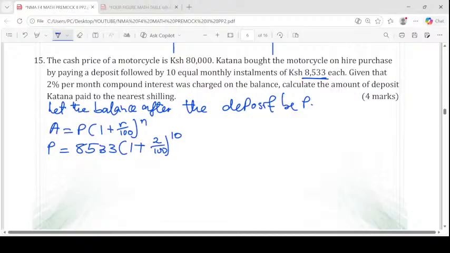So this will now become that our P will be equivalent to 1 plus 2 over 100 to the power of 10, multiplied by 8,533.